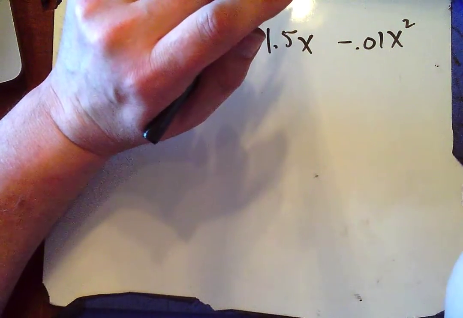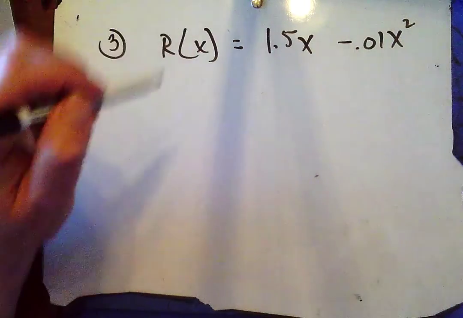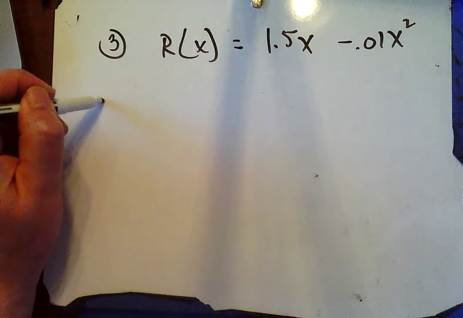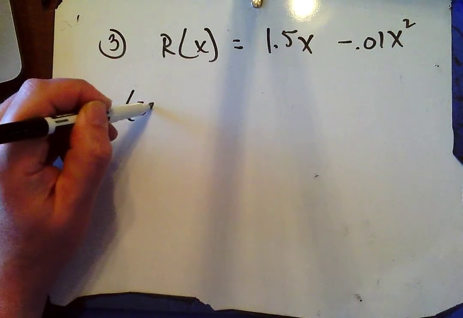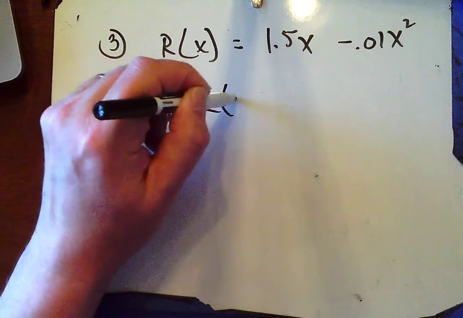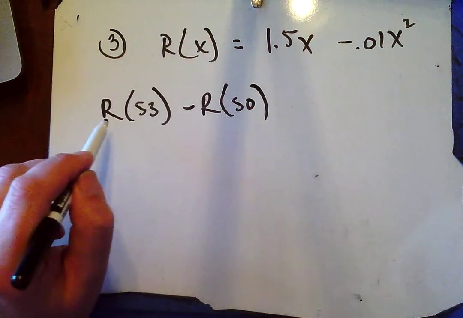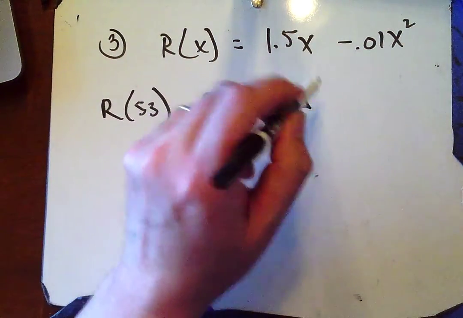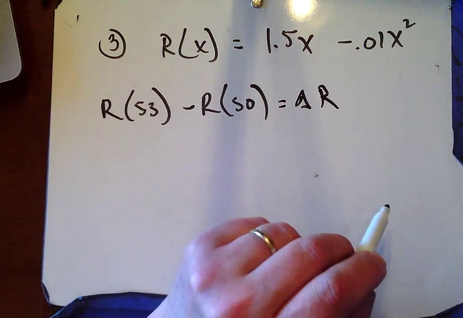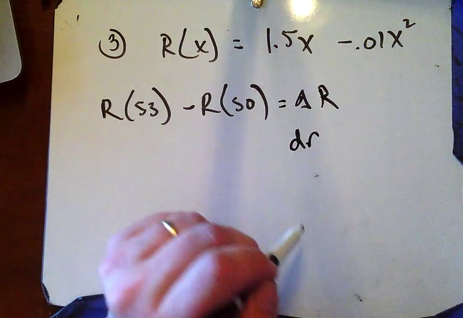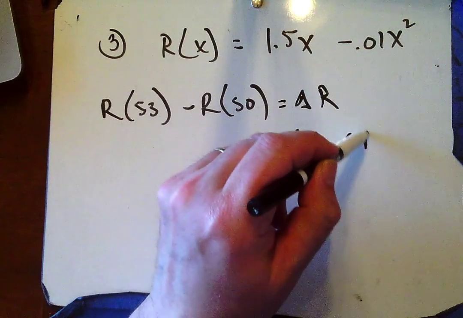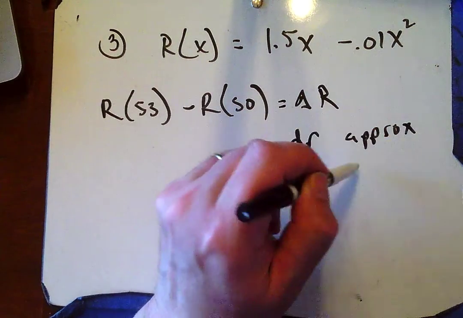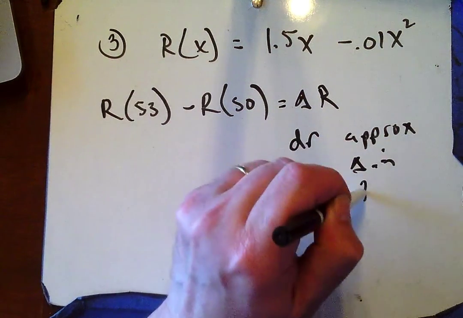Remember, we don't want the exact change in revenue, right? The exact change in revenue is going to be R of 53 minus R of 50. We do not want that. That is the exact change in revenue. We want dR, the approximate change in revenue.